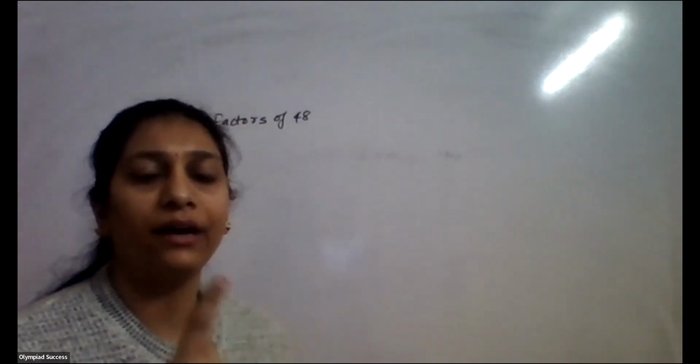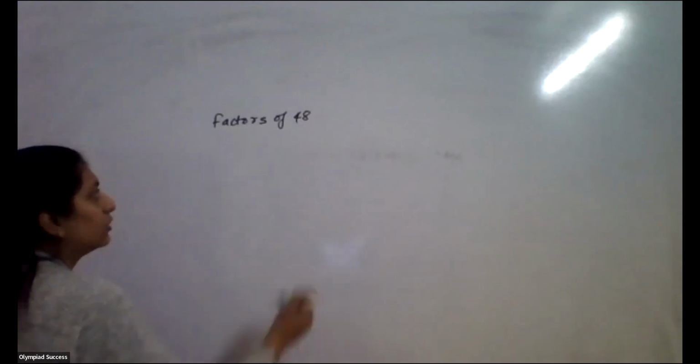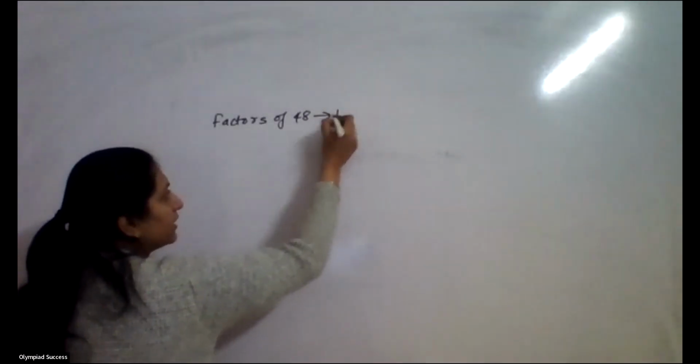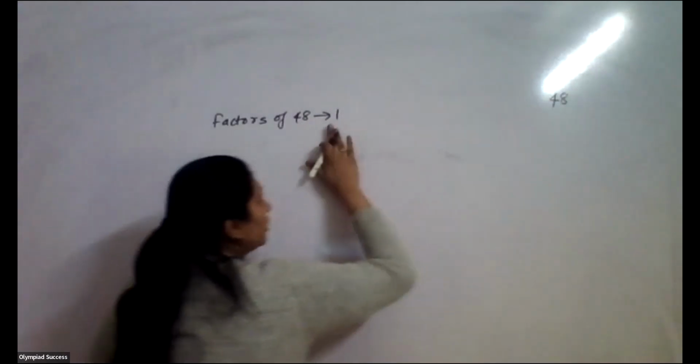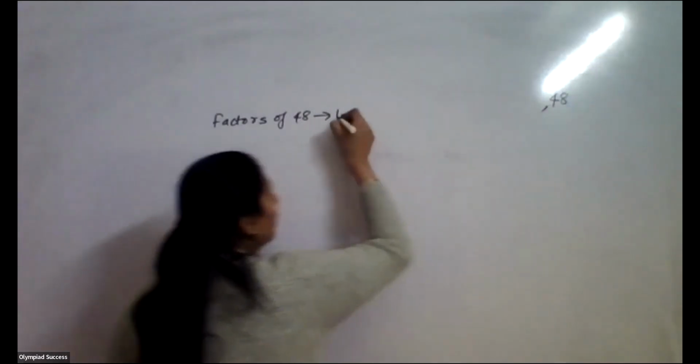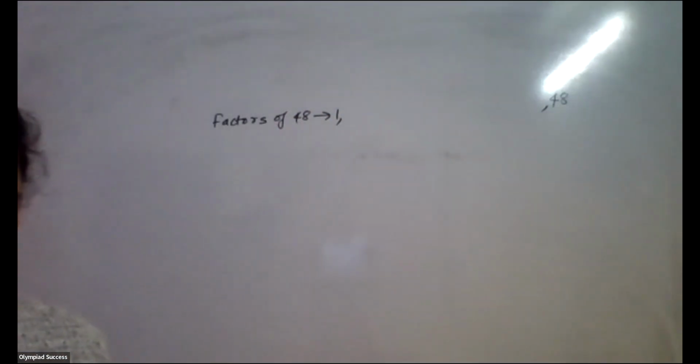Every time we have the number 1 and the number itself. So, for 48, the first number will be 1 and the last number will be 48. Now you have to check between 1 and 48 what those numbers are. Correct, Rian? Okay. You can also write how many total factors you are getting.